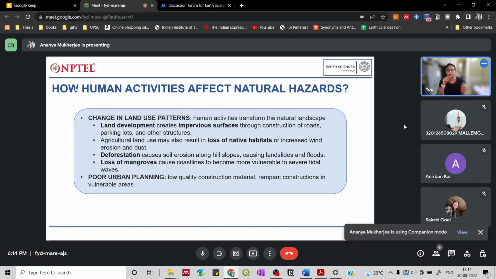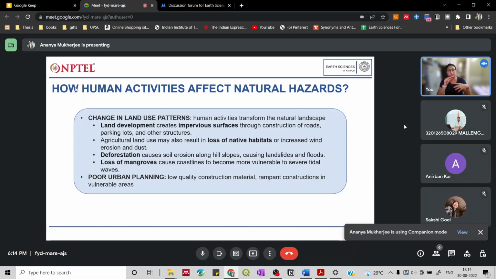And one of the significant causes of being affected by, say, tsunamis or tidal events is the loss of mangroves along the coastlines. So these are some of the human interferences that affect natural hazards, and the threat increases.